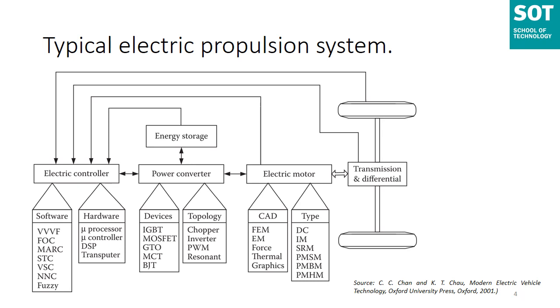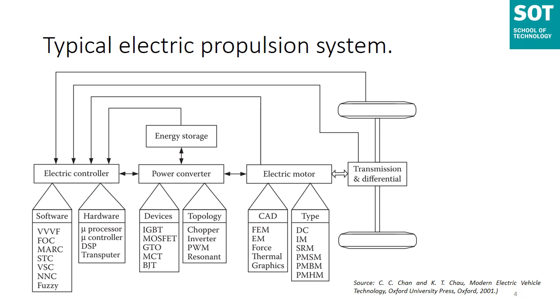First point, driver's expectation. Driver's expectation is defined by the driving profile. Now, the driving profile would include acceleration, maximum speed, climbing capability, braking, and range. Second point, the vehicle constraints.